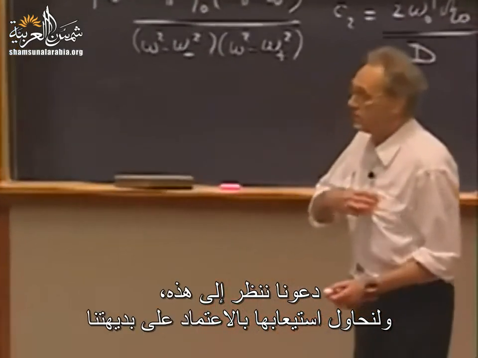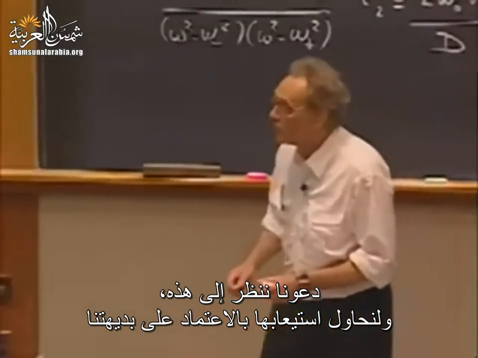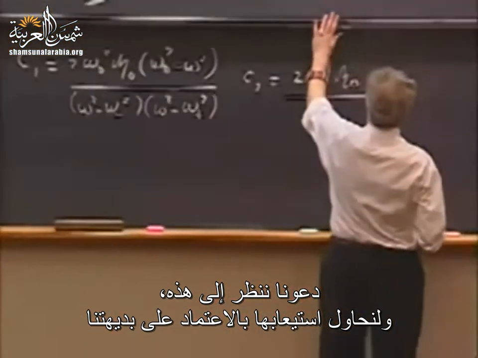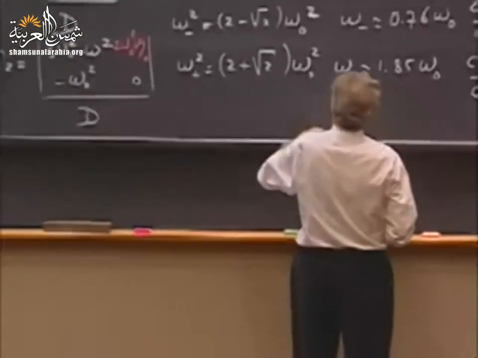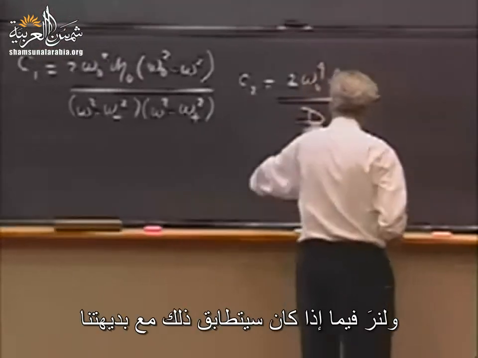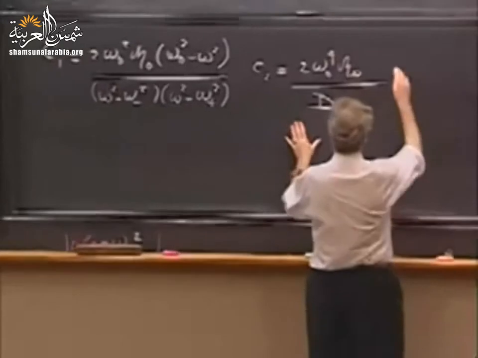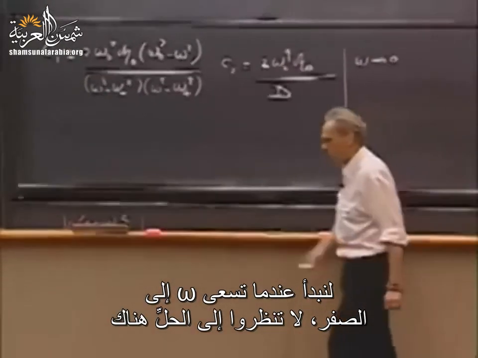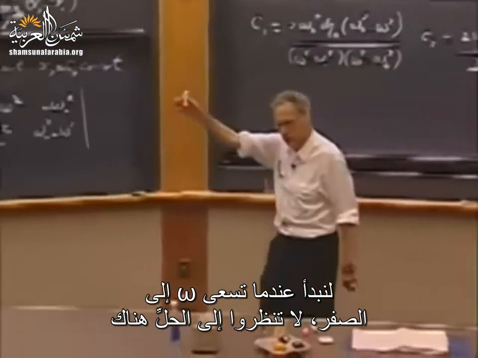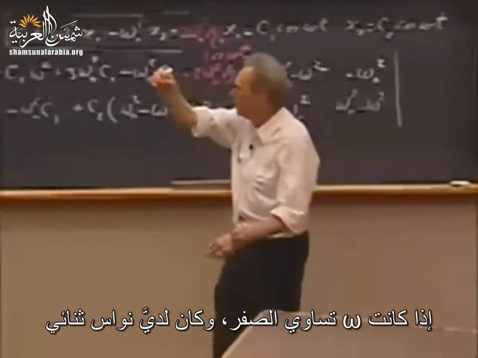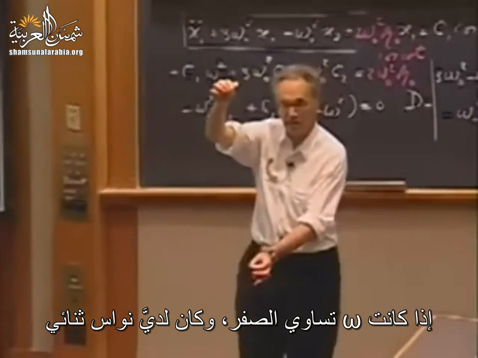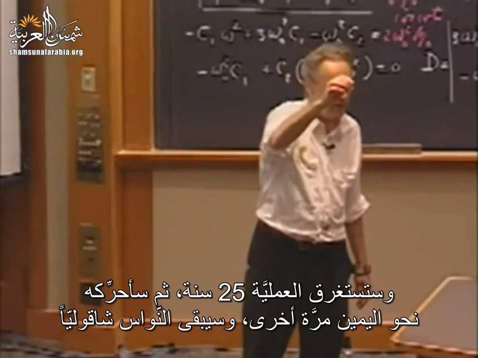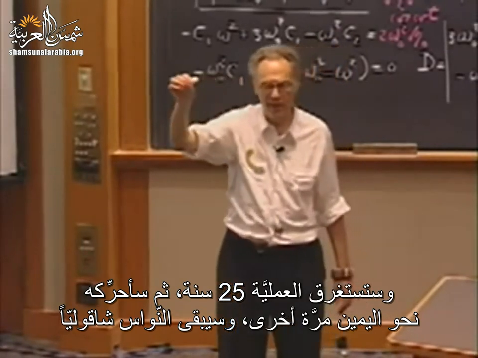So let us now look at this and try to digest it and use to some degree our intuition and see whether that agrees with our intuition. And let us start when omega goes to 0. And don't look now at the solutions. If omega is 0, I have a double pendulum in my hand, and I'm going to move it to the left, and 25 years from now I'm going to go back and I move it to the right again.